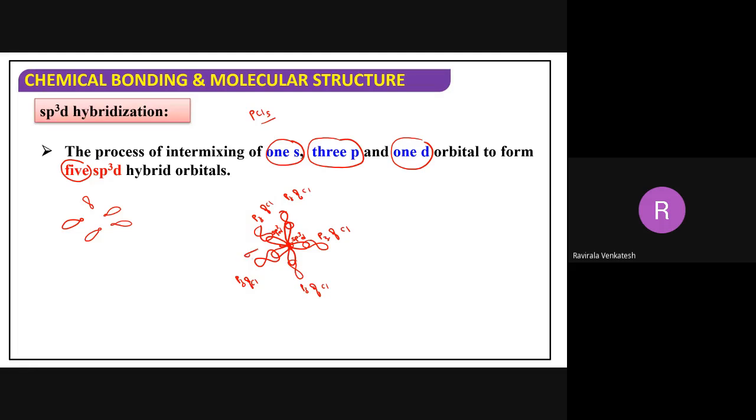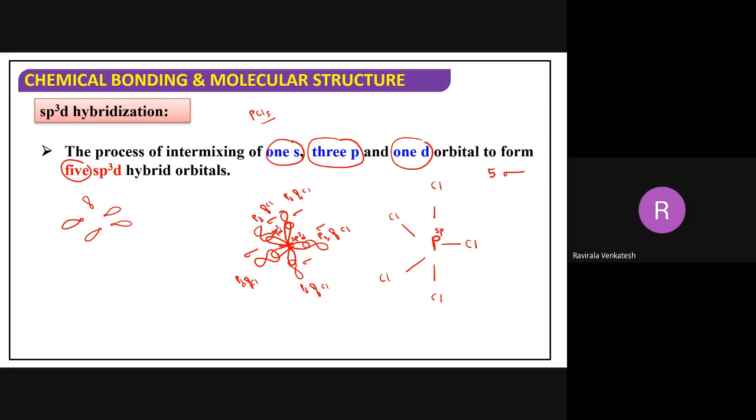Now here we are getting sigma bond, sigma bond, sigma bond, sigma bond, sigma. So I am drawing like this: phosphorus, chlorine, chlorine, chlorine, chlorine, chlorine. Now how many total sigma bonds? 5 sigma bonds.